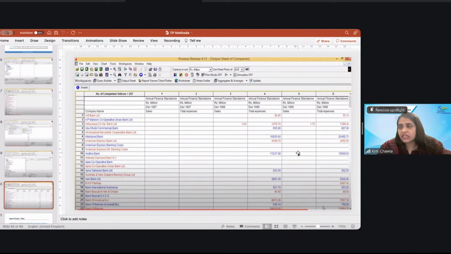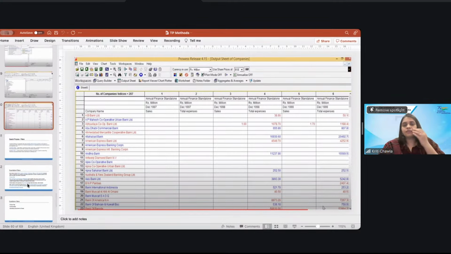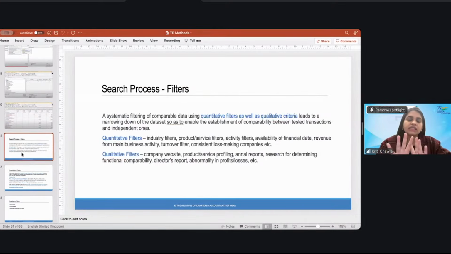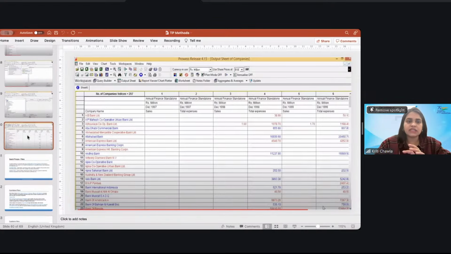So because information is not available, we'd like to just cut out those companies from the framework. So this is basically how a search process really looks like. This particular sheet is what we will export to a spreadsheet. Let's say, for example, we will export this to Excel.